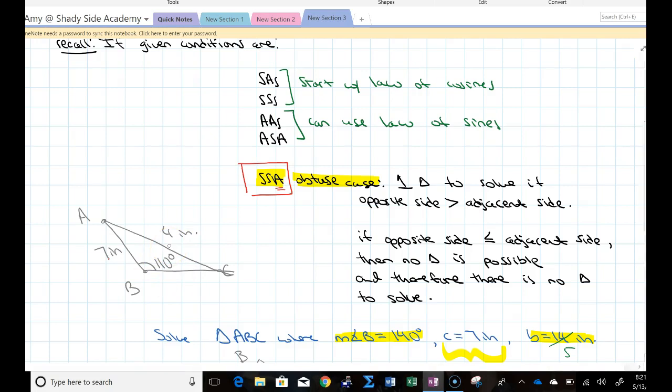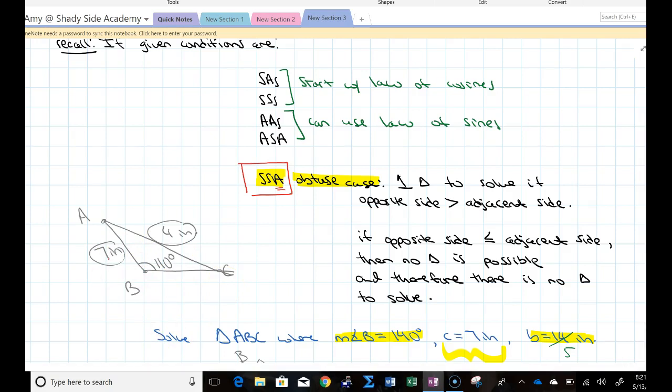There's a direct relationship between the size of the angle and the relative size of the opposite side. So here, the fact that 4 is less than 7, yet 4 is opposite an angle that is larger than the angle opposite 7, makes this triangle impossible to solve.